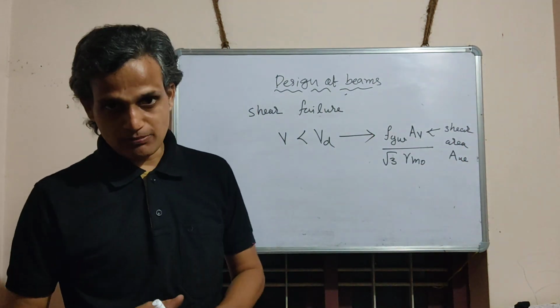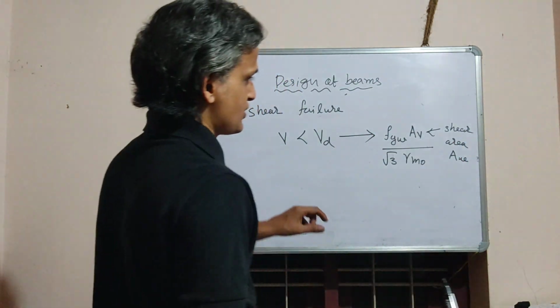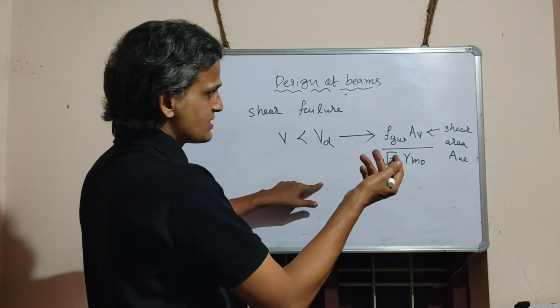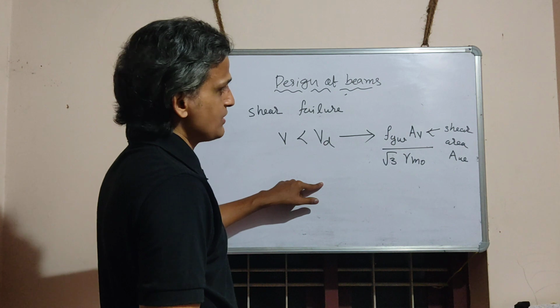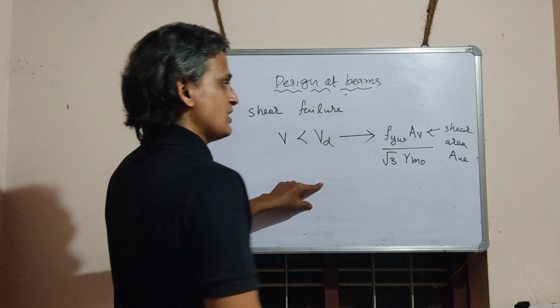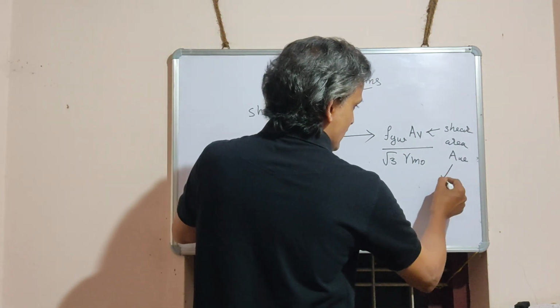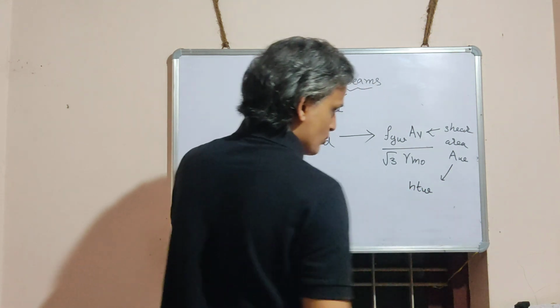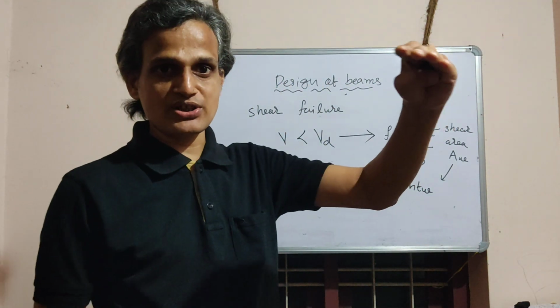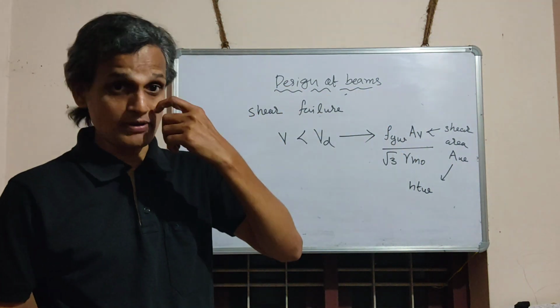For rolled steel sections, as I said, ISMB 300 and all those given in SP6, the shear area is h into tw, where h is the overall depth of section, tw is the thickness of web.